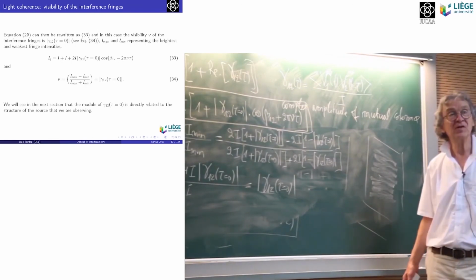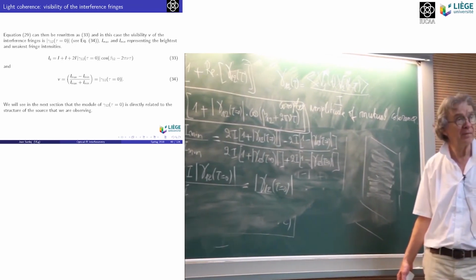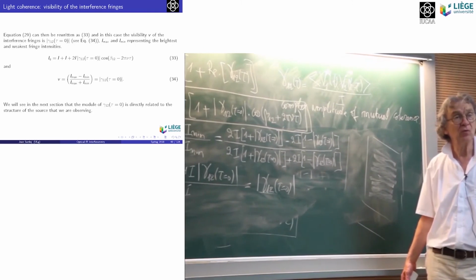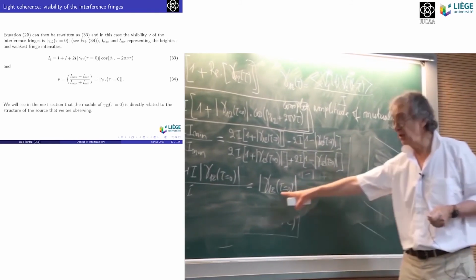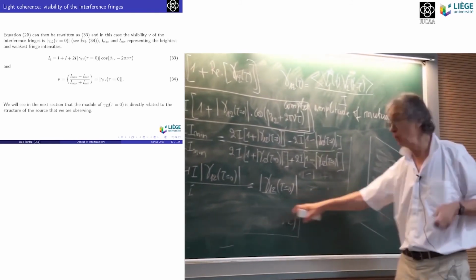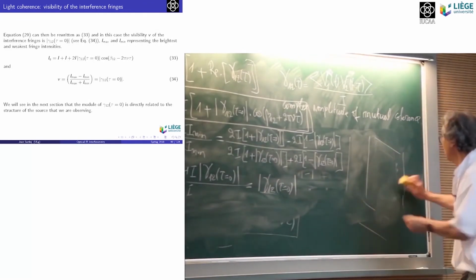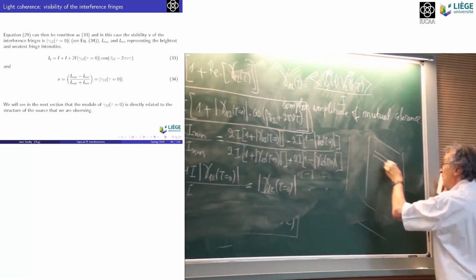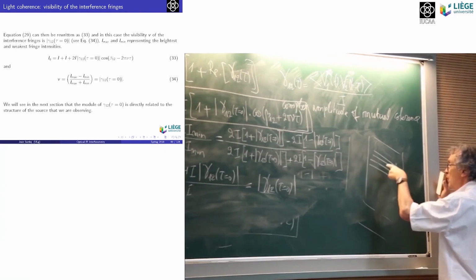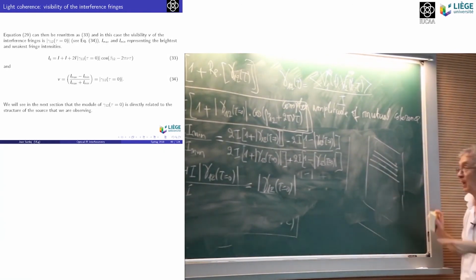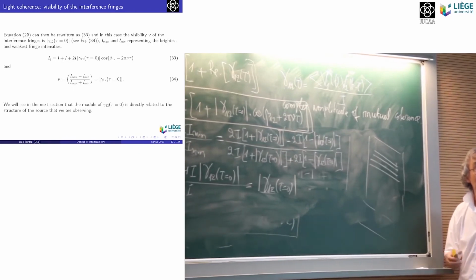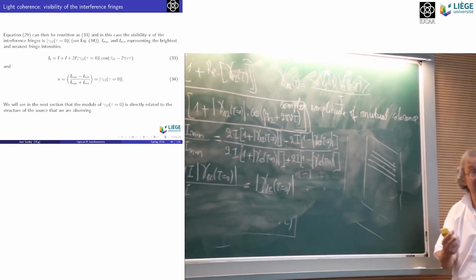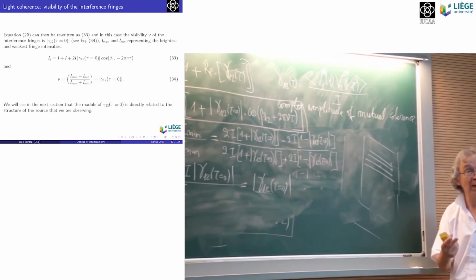Now, if you look at a point-like star, you don't resolve it. The visibility is equal to 1. It means that the complex degree of mutual coherence is equal to 1. And what I see in that case is nice fringes with a minimum equal to 0 and a maximum which depends on the brightness of the star. And now I have all the intermediate cases between 0 and 1.